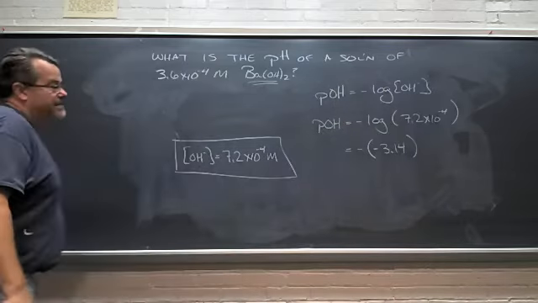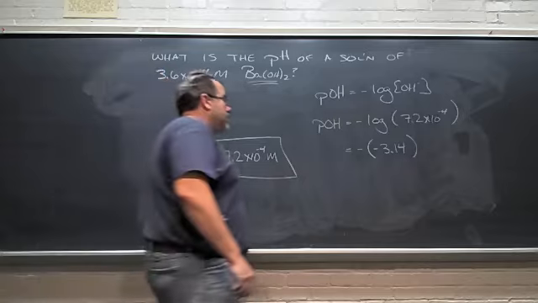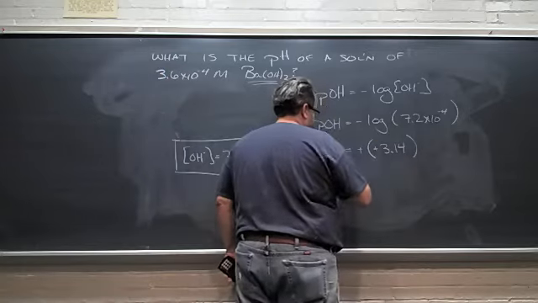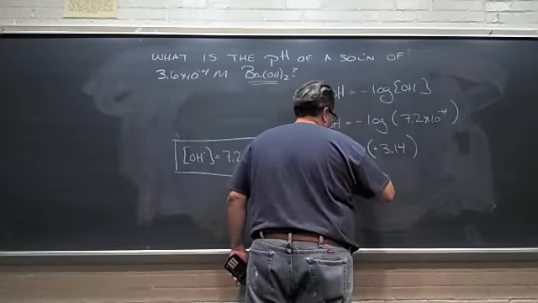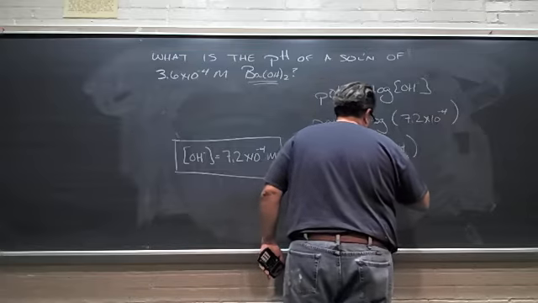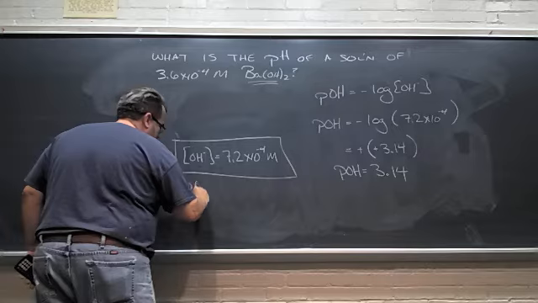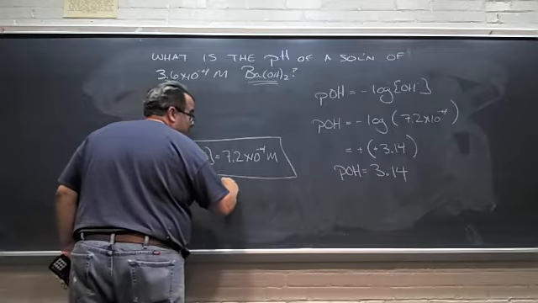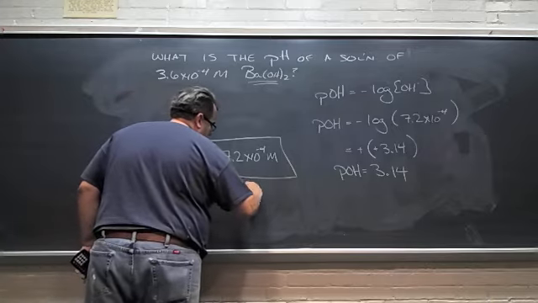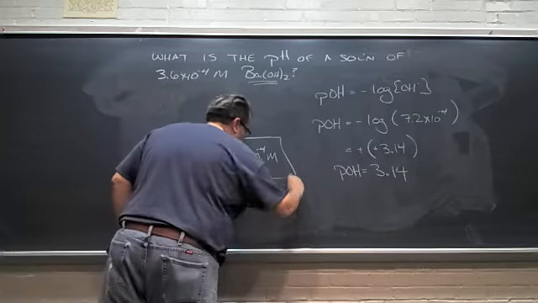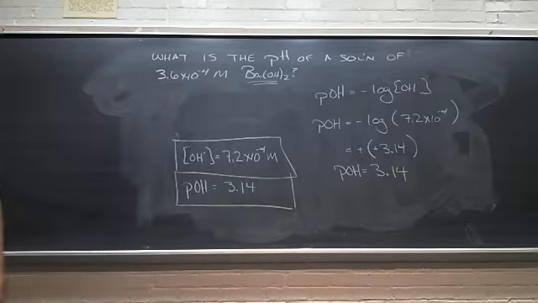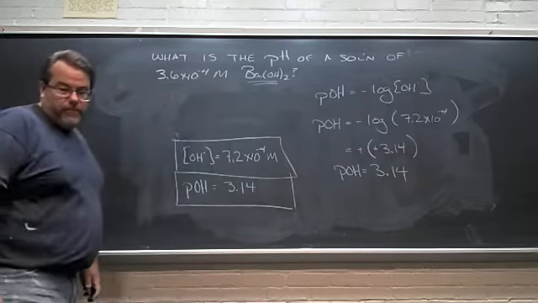And log of that is negative 3.14. So those negatives cancel out. All right, so our pOH is 3.14.